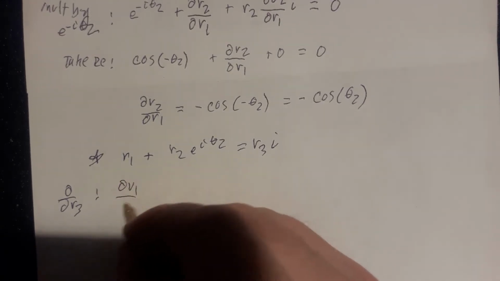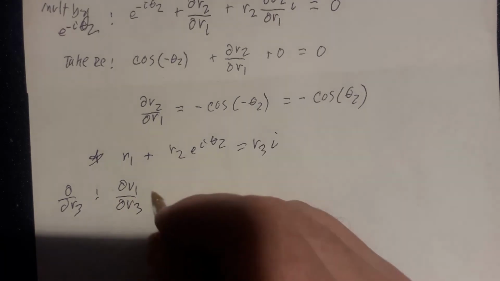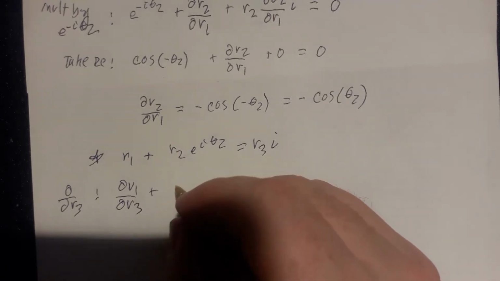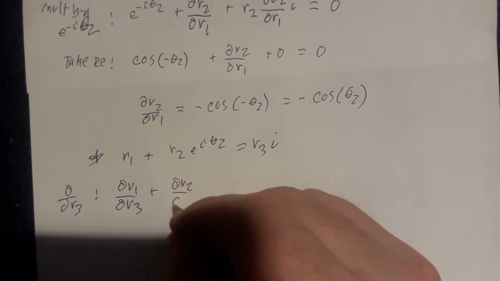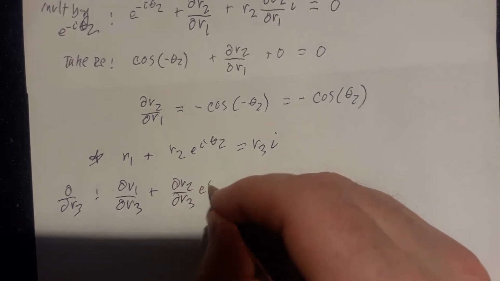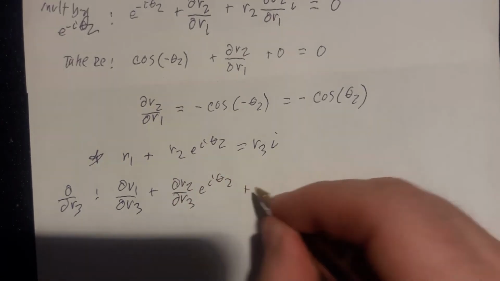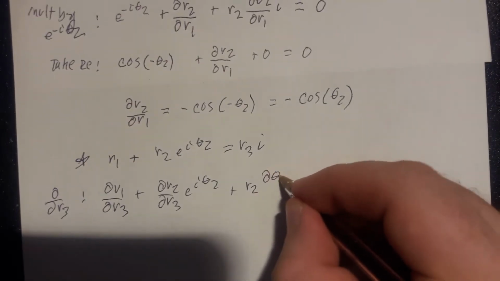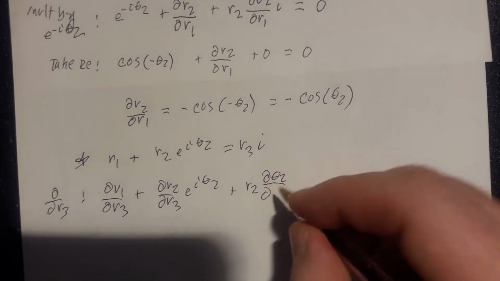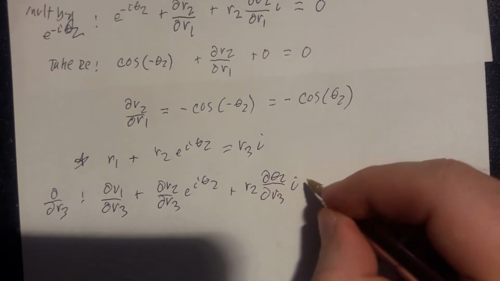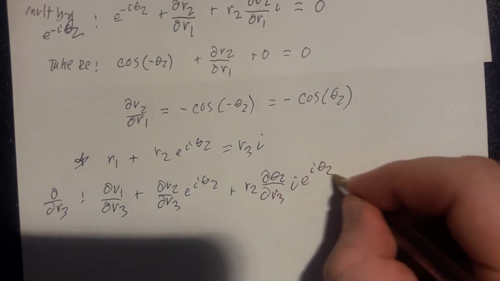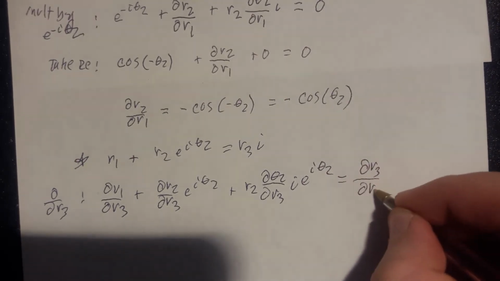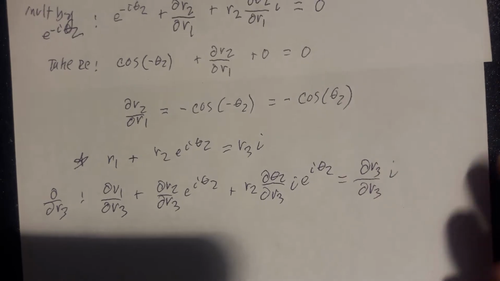We'll have dr1/dr3 plus dr2/dr3 e to the i theta 2 plus r2 dtheta2/dr3 i e to the i theta 2 equals dr3/dr3 i.